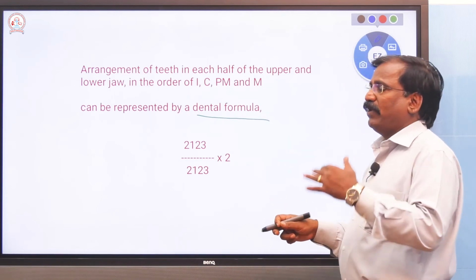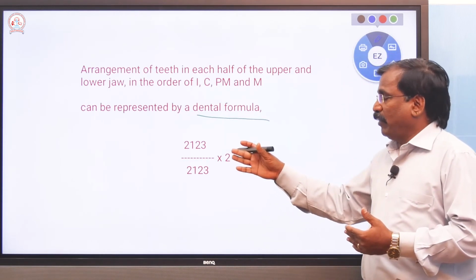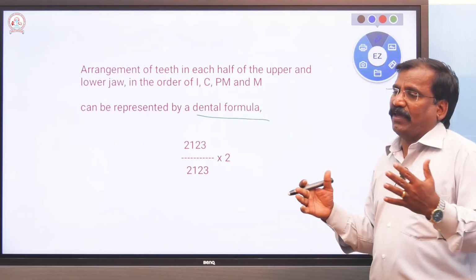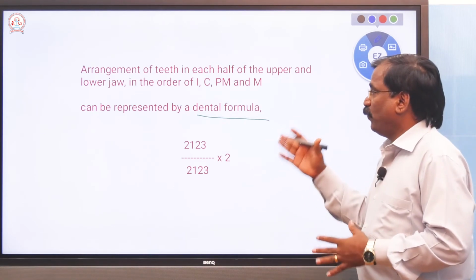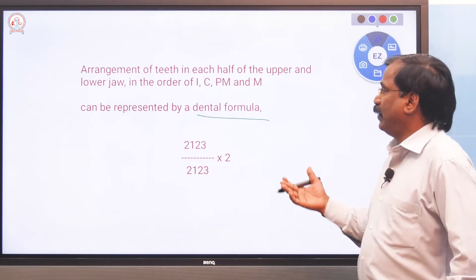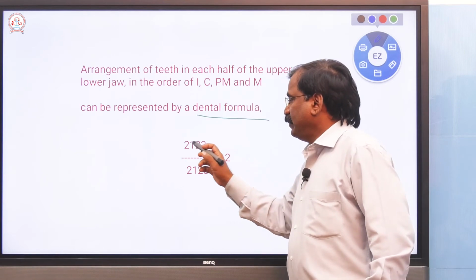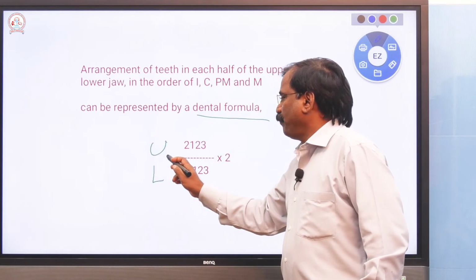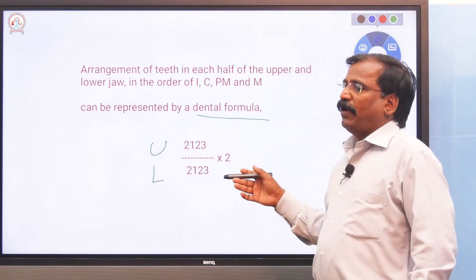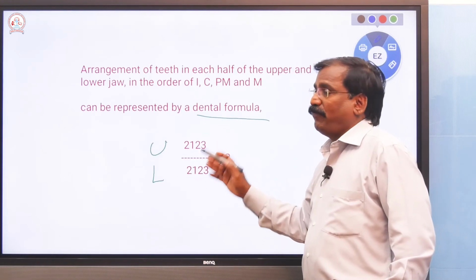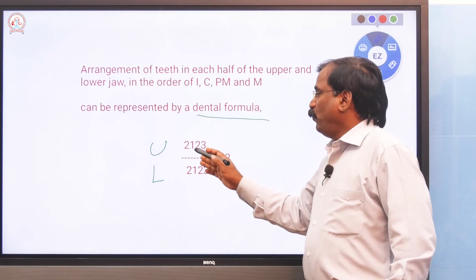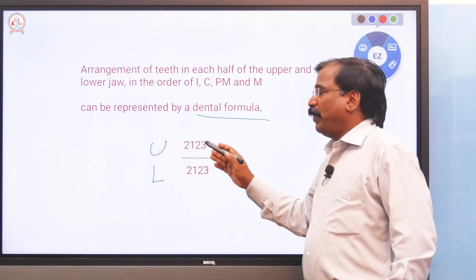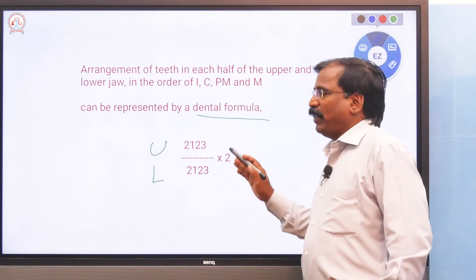That order of arrangement we can represent. So this is the upper jaw and this is the lower jaw. This is the number and order of arrangement: 2 by 2, 1 by 1, 2 by 2, 3 by 3.